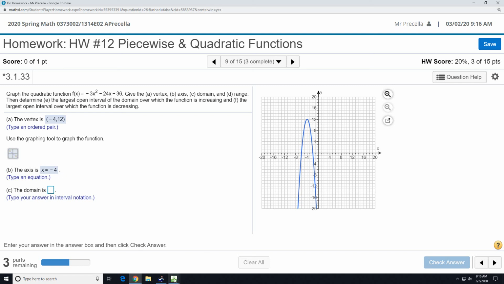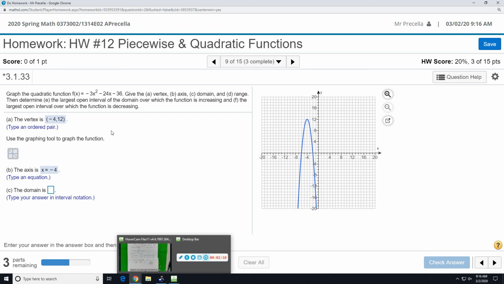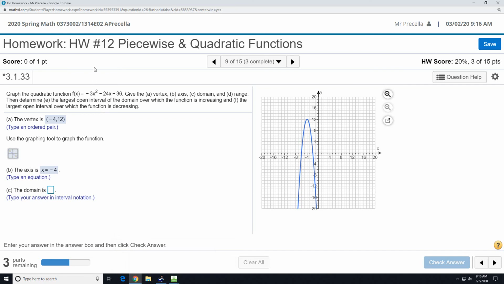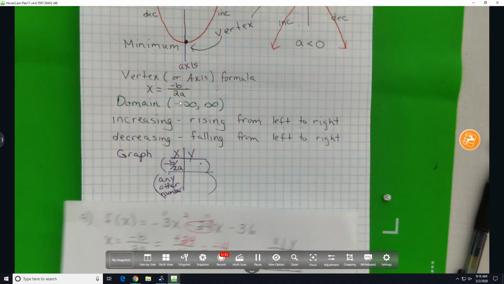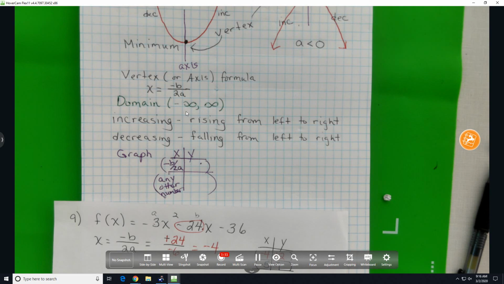The domain. No fractions, no square roots. What's the domain going to be? What was that rule about? If there's no fractions and no square roots, the domain is all real numbers, -infinity to infinity. For every one of these, when it asks what's the domain, you'll say -infinity, infinity.